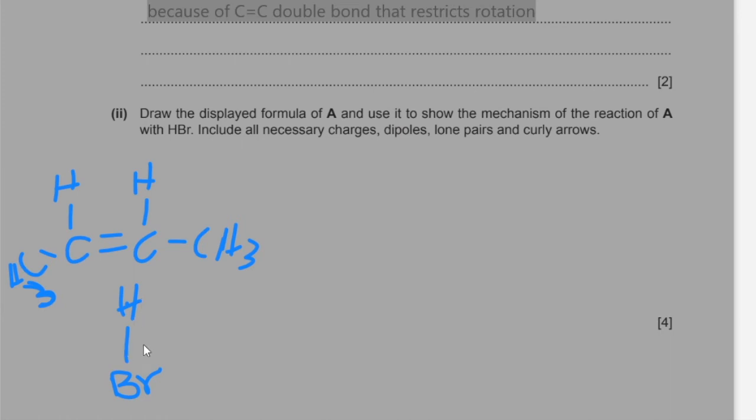You might wonder why it's hydrogen that has its electron repelled away and not bromine, because bromine is more electronegative than hydrogen, so it is going to attract electrons, and as a result it will gain a partial negative charge, and hydrogen will have a partial positive charge. Now one of these bonds is a sigma bond and the other bond is a pi bond, so there is an electron from one of the carbon atoms in each of the two bonds.